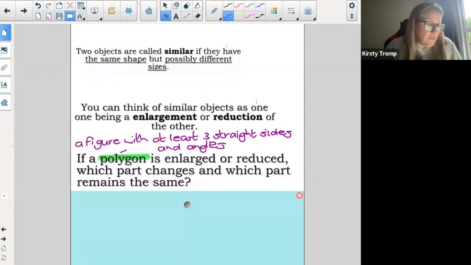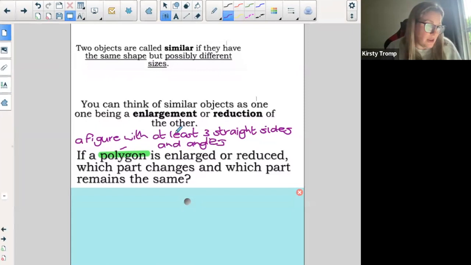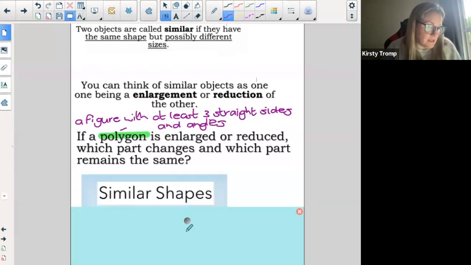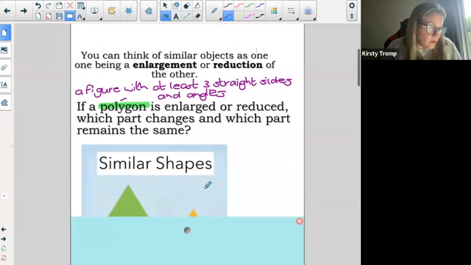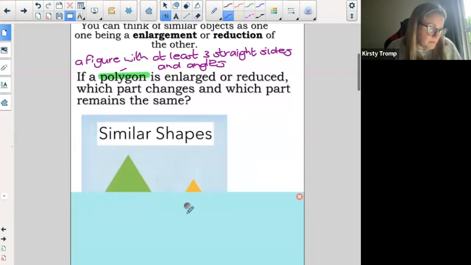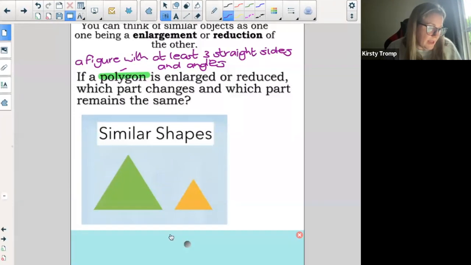So if it's enlarged or reduced, which part will change and which part will stay the same? Let's have a look at the drawing that Ms. Kat gave us. So these are two similar shapes. This is a triangle that's enlarged, and this is a triangle that has been reduced.